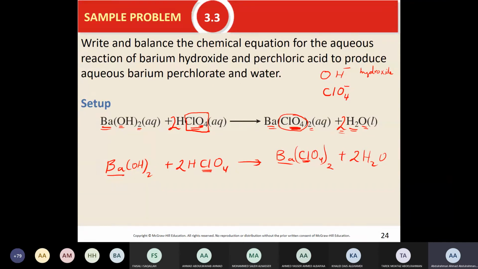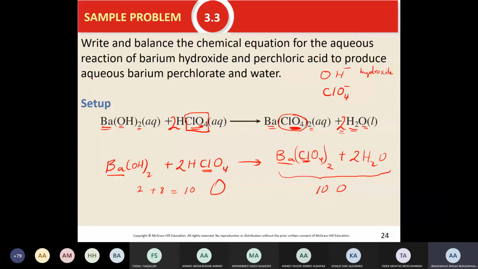How many oxygen do I have in the product? 10 oxygen. How many do you have in the reactant? 10. I have 2 here and 8 here. Also 10 oxygen. So it is balanced.